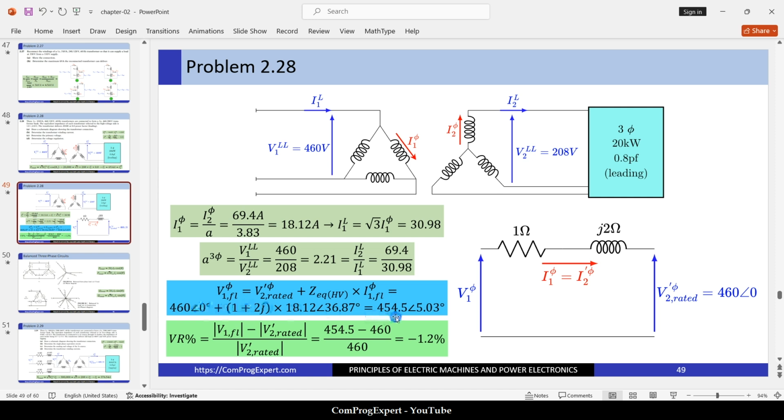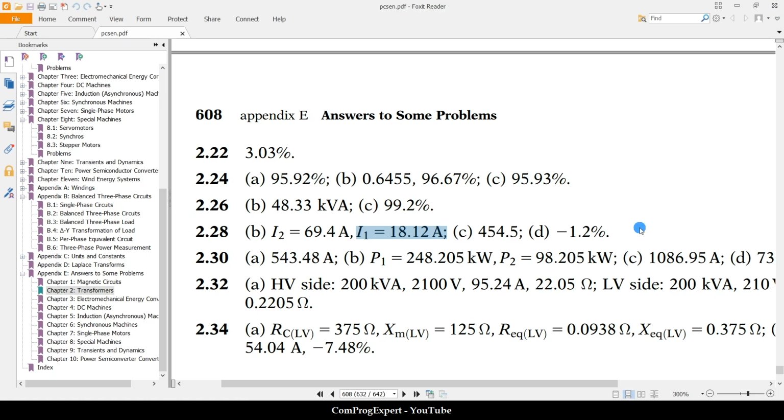The value of the V1 for the full load is 454. If you replace these numbers in this equation, we can calculate the voltage regulation that is equal to negative 1.2%.